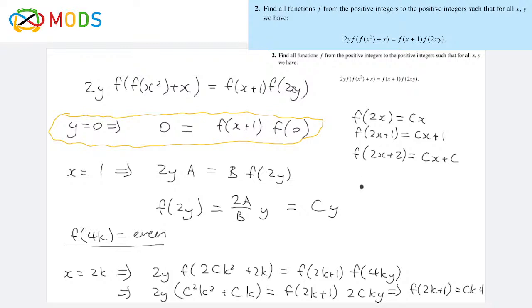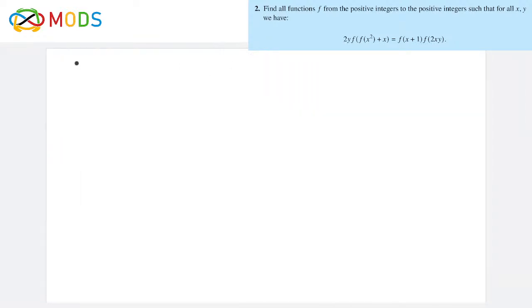What do you mean the x odd case? Oh, right. So you're saying like if x equals 2k plus 1, then we can simplify. Okay, yeah, that works. Yeah, let's go to the next page.